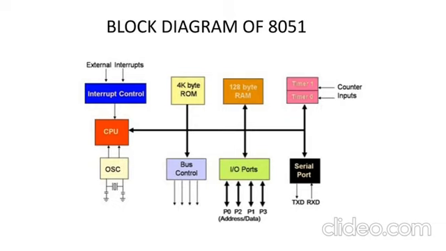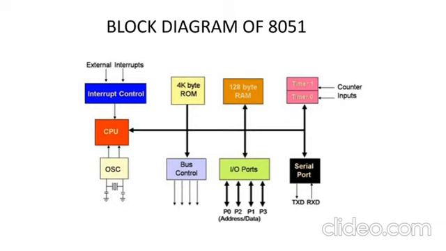A control bus is used by a microcontroller for communicating with other devices within the system. You have three types of buses: address bus, data bus and control bus. These are the three buses, and this is the control bus. Using this, the bus control handles all the connections over here.